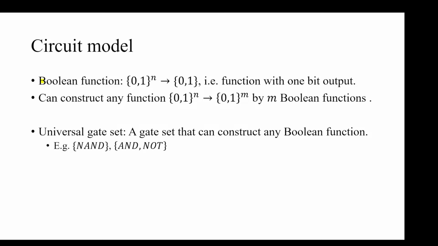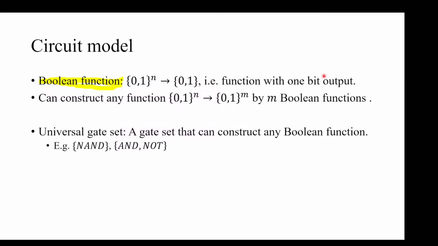A Boolean function basically means that you only have one bit output. Although not everything we compute in this class is a Boolean function, a lot of them are. So this is a function you want to compute, and it only has one bit output. We can have some n bit input, and they will go to one bit output, some 0 or 1.